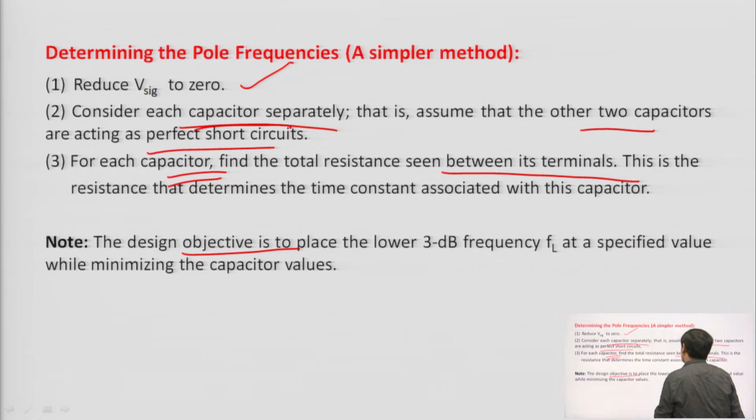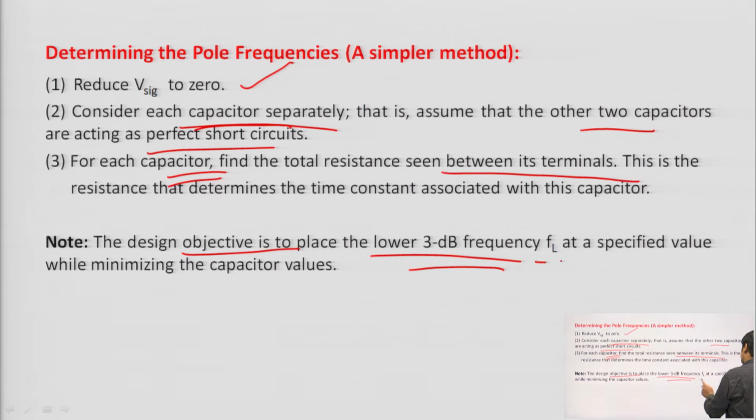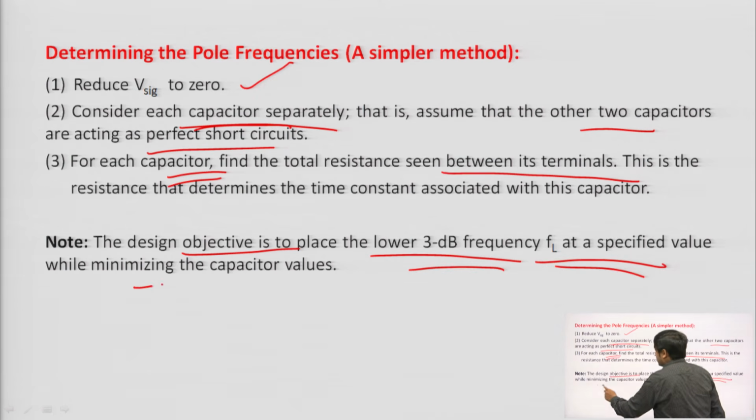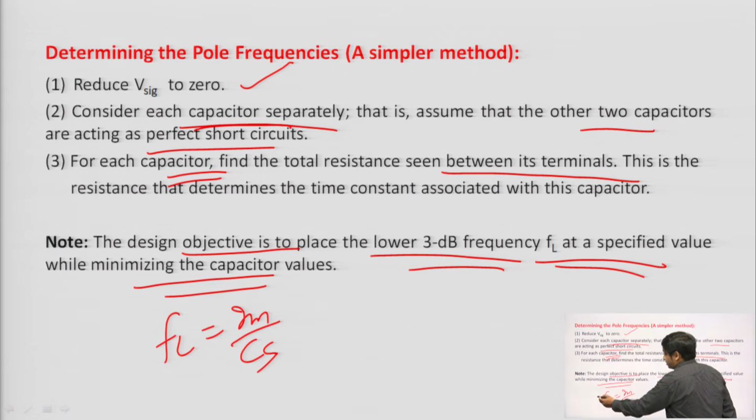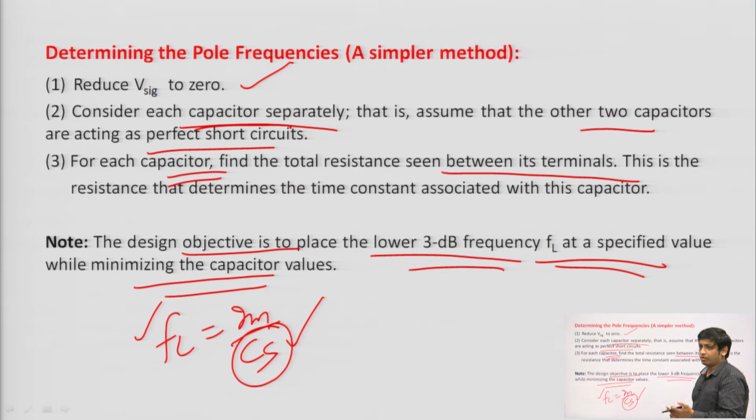The main design objective is to place the lower 3 dB frequency at a specified value while minimizing the capacitor value. We have to be careful, because FL is Gm by Cs. If we decide FL, then corresponding to that we will select the value of Cs, and obviously we want the capacitor value not to be large, because it occupies more area. So there is a trade-off.